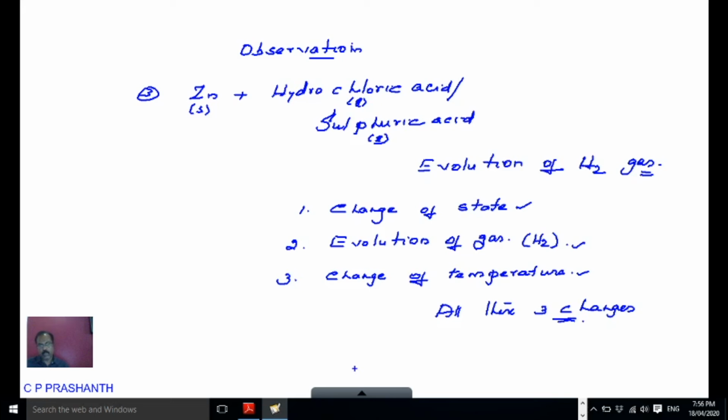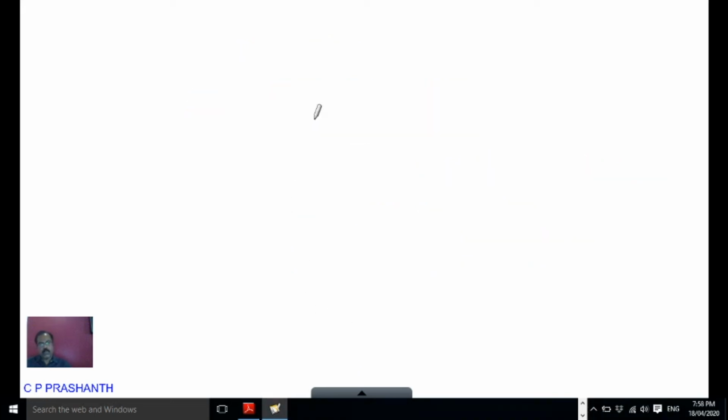So what it means is you can understand whether a reaction has taken place or not by seeing whether any of these changes or a combination of these changes takes place.